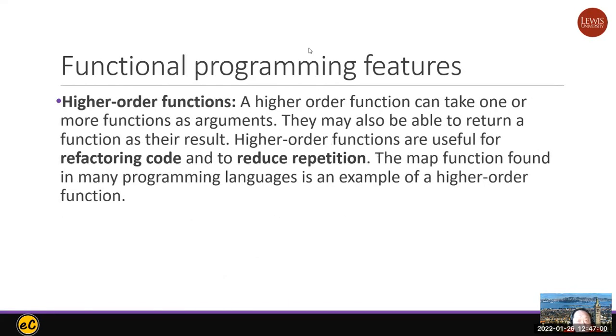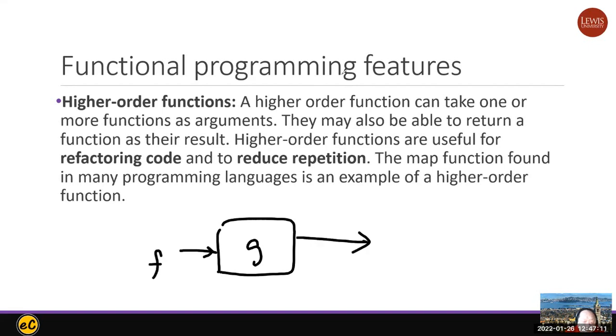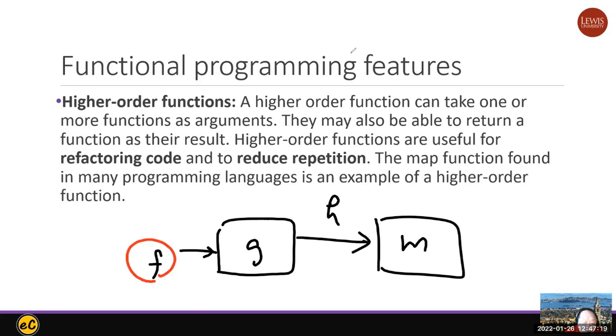Next one, higher order function. Higher order function means you have a certain function, you can pass another function into it, and then you may generate another function and then pass it to another function. So using a function as a parameter or return value, we call it higher order functions.